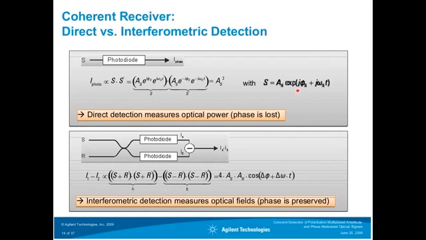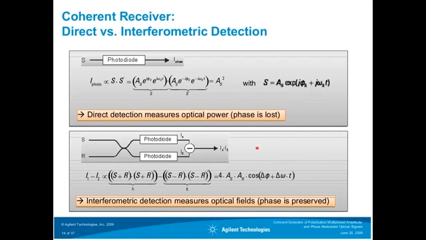And the phase term is split into a static phase and a time-dependent phase, which is the frequency of the signal. And if you do the complex conjugate multiplication, you end up with just the square of your signal amplitude. So the phase of the optical signal is lost, and you only measure the optical power. So direct detection does not help you in measuring the phase.